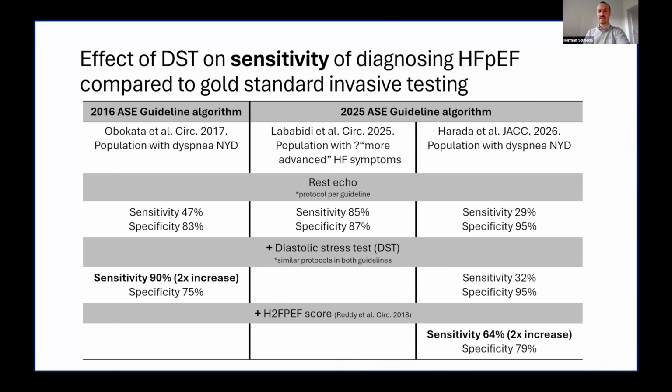And when they added a diastolic stress test on top of that, the sensitivity didn't even go up by much. So this brought into question and made people wonder whether Harada's study was a bit of an outlier, or whether a diastolic stress test has that much value to add to the 2025 resting diastolic dysfunction algorithm.